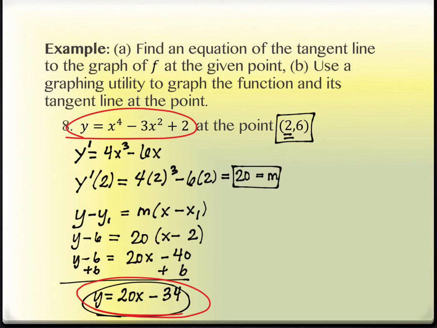Probably worth saying that the 20x minus 34 is probably not a standard window kind of thing. Negative 34 means it's crossing way down at negative 34, right, screen-wise? And its slope is extremely steep. I mean, 20 is a very large slope for a calculator to deal with. So if you just hit zoom 6, your picture is probably not going to look very good right now. Looks like you have a W, and then you have this line shooting up. That's okay. It's not too bad.